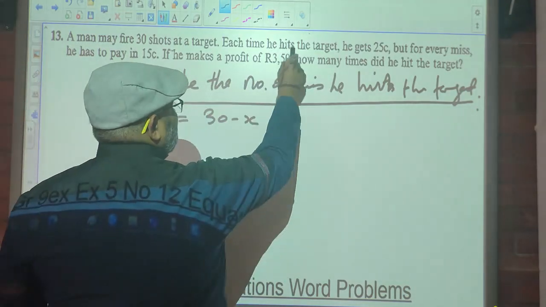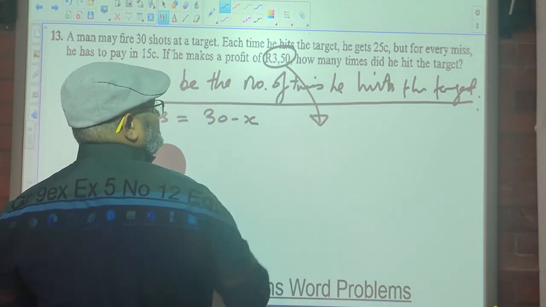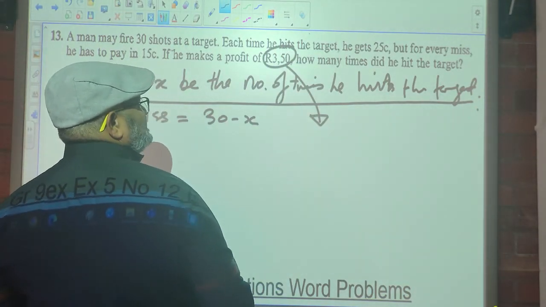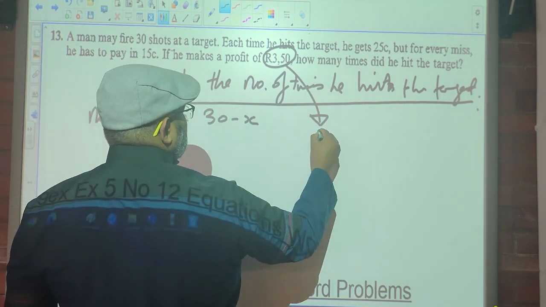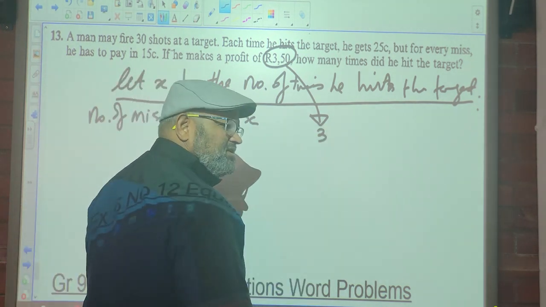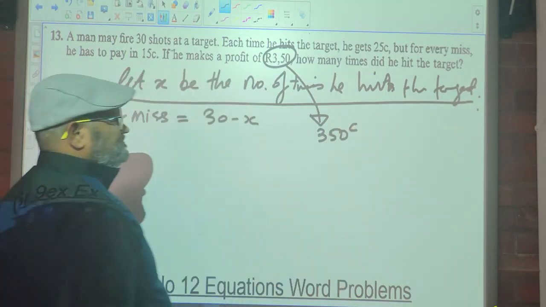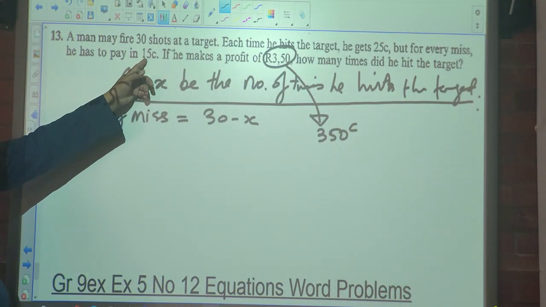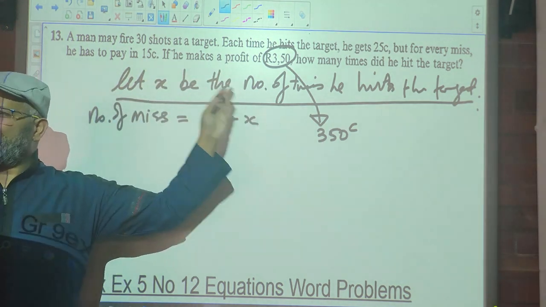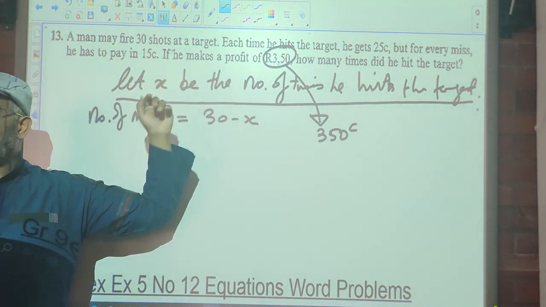This is in rand, so I convert that to cents. How many cents is 3 rand 50? 350 cents. Remember that this is in cents, so I must get it in the same SI unit, always.